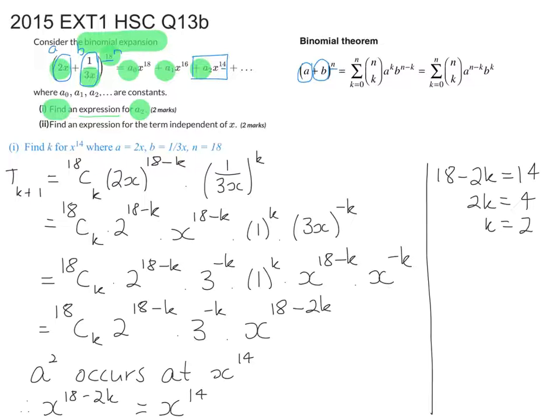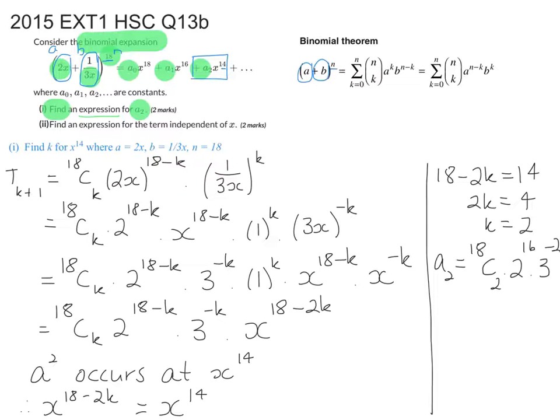So I'm now going to substitute my k value of 2 into my general term, but I'm only going to put it into the parts at the front of the x value that are going to give me back that coefficient. So substituting it in, we have 18c2 times 2 to the power of 18 minus 2, so 16, times 3 to the power of negative k, so negative 2.